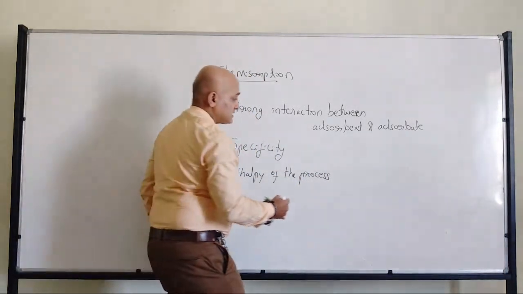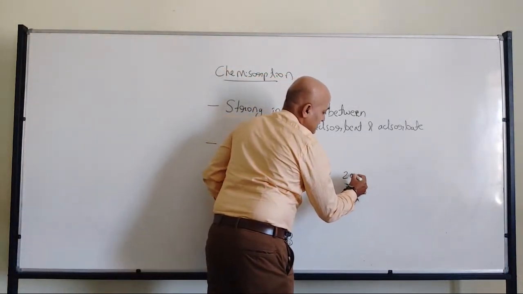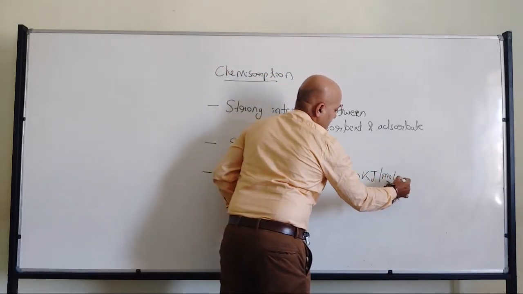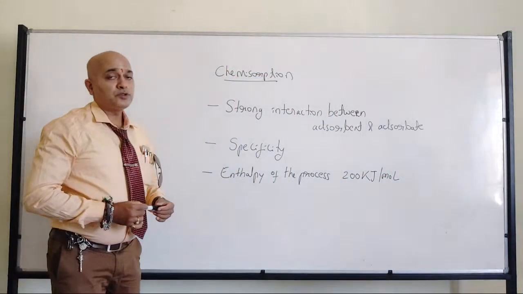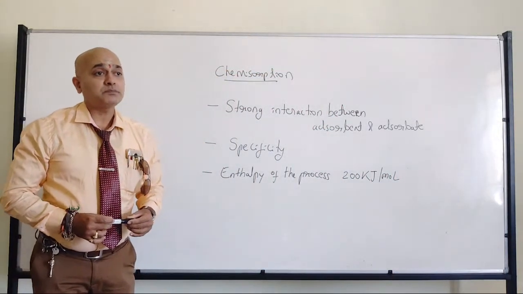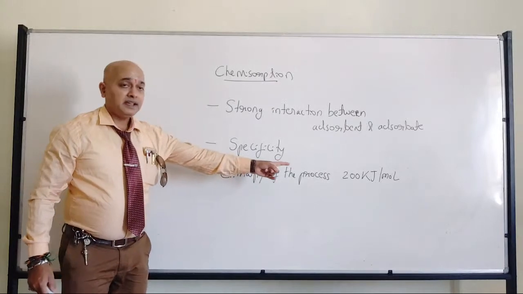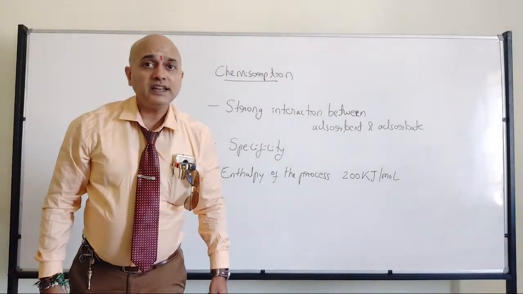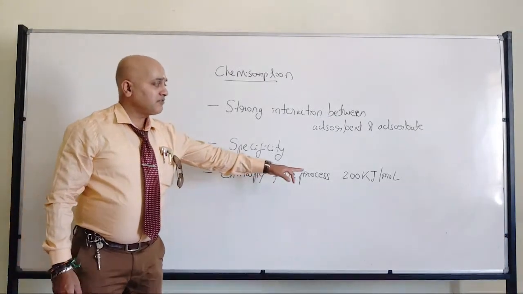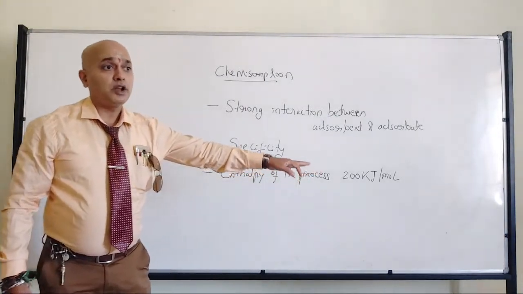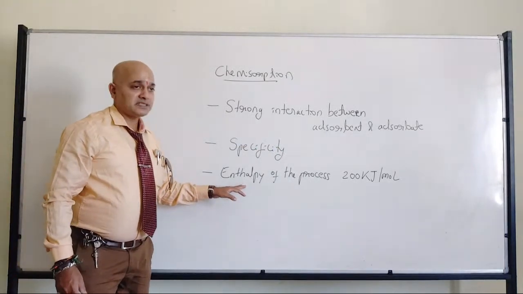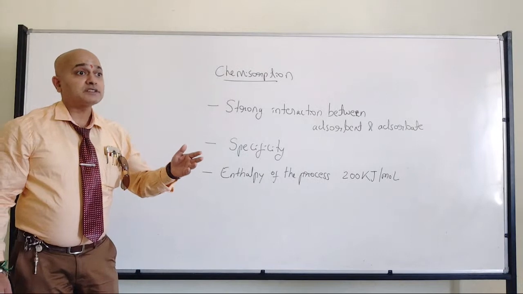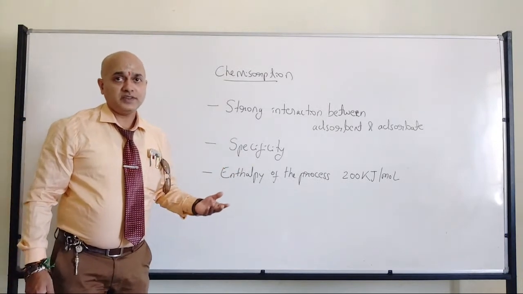Enthalpy of the process is pretty high, which can go up to 200 kilojoules per mole. Pretty high energy is released. When it comes to Physisorption, very low amount, but here up to 200 kilojoules per mole enthalpy is present during the chemisorption. That's where they differ from the Physisorption, right?